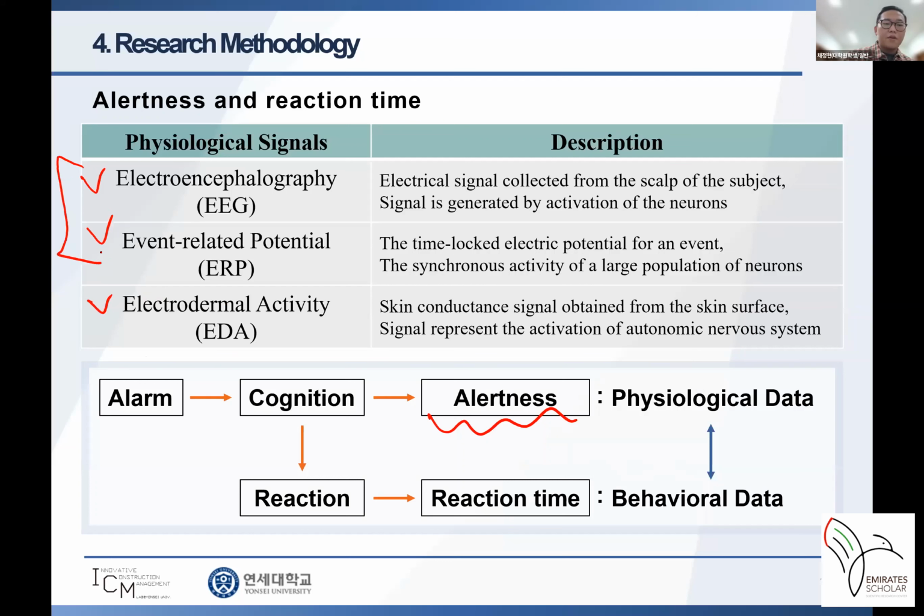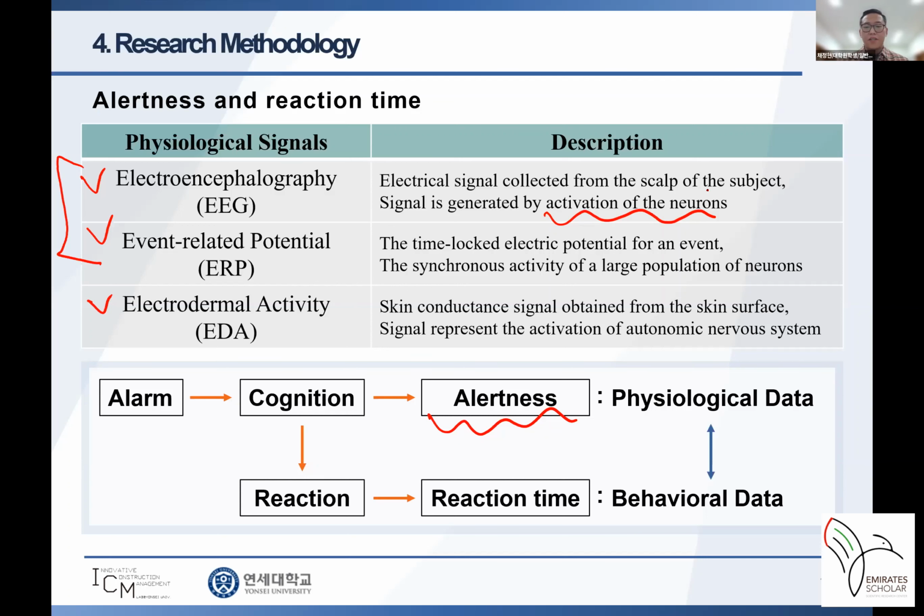The electroencephalography and the event-related potential are physiological signals related to the brain and neurons. They measure the electricity from the scalp surface, and they represent the activation of the neurons. Electrodermal activity is a skin conductance signal obtained from the skin surface.